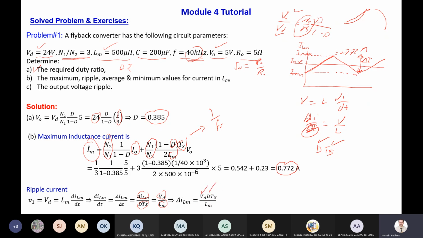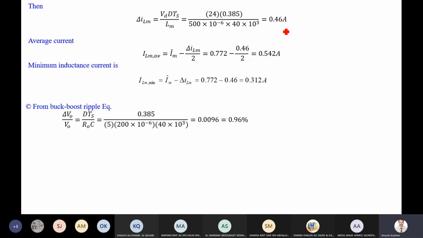D I already calculated, which is 0.385. TS is 1 over Fs, which means 1 over 40 kilo. LM is given in the question, which is 500 micro. I did the math and got the value here. Don't forget, this is from here to here, from maximum to minimum, delta I.